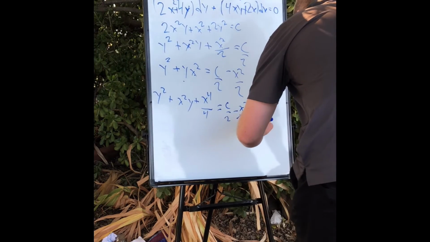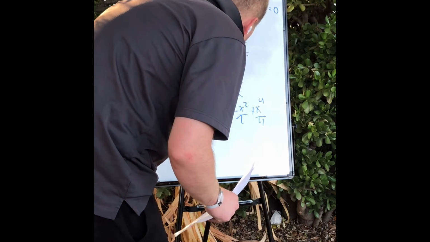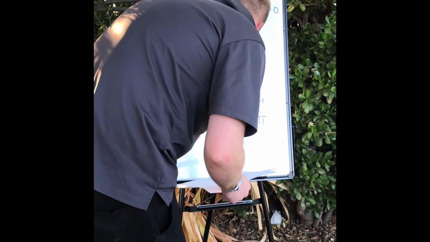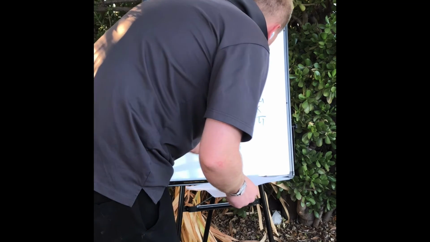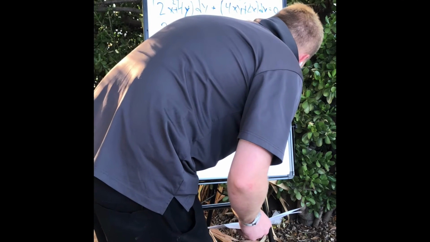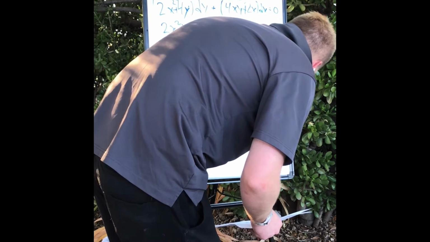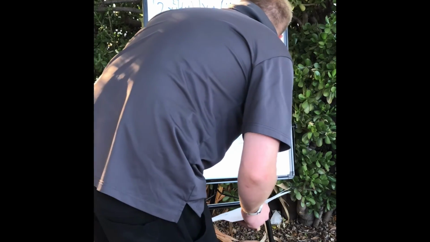And then we're just going to put y plus x squared over 2, quantity squared, equal to x to the 4th over 4 minus x squared over 2 plus c over 2. Take the square root.